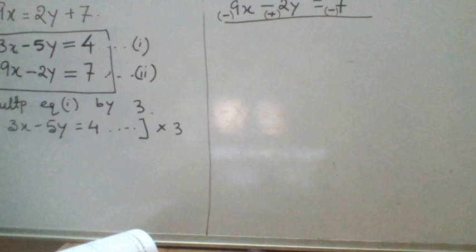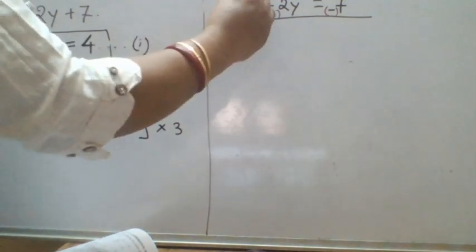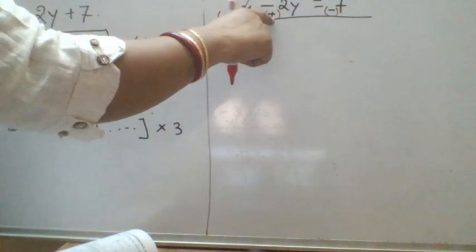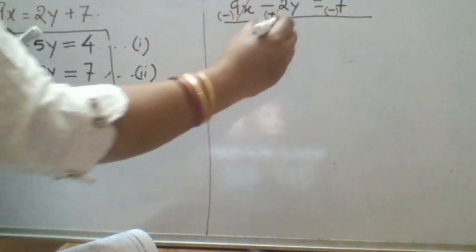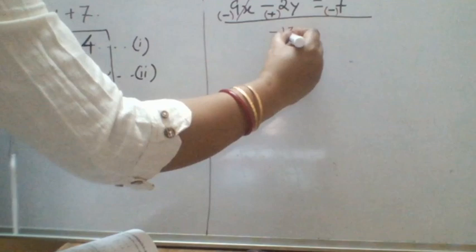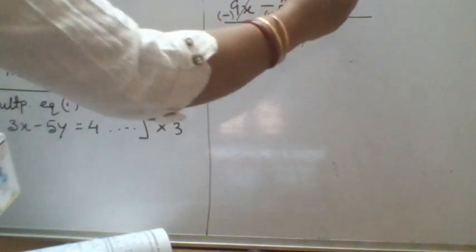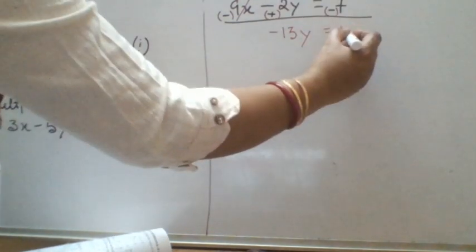So 9x minus 9x gets cancelled, minus 15y and this is plus 2y. So this is minus of 13y. Okay, so this is minus of 13y, 12 minus 7, that is your 5.